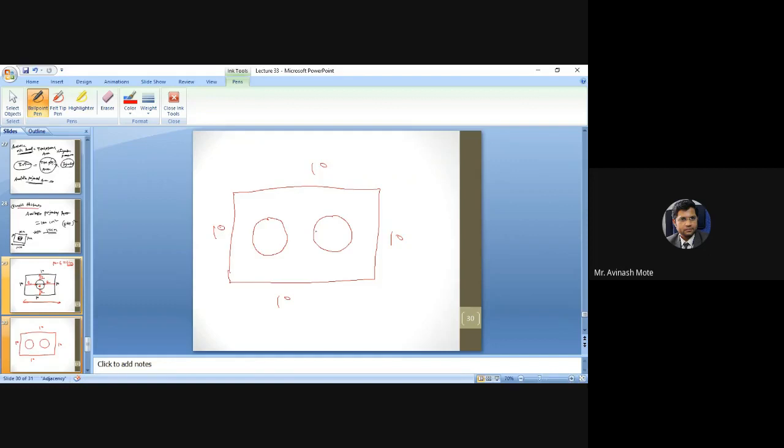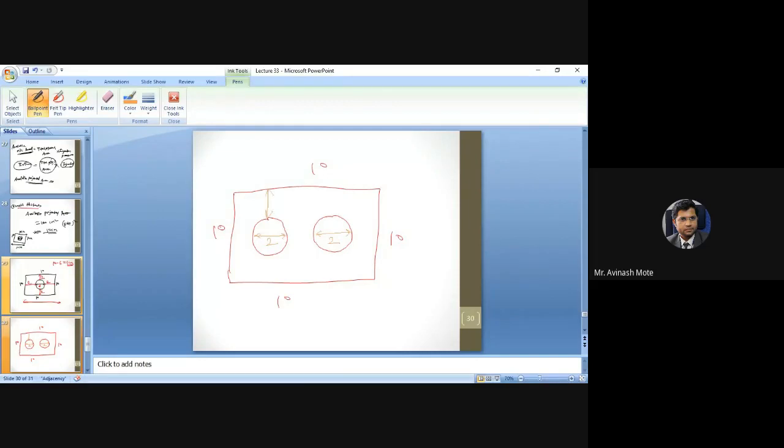So at that time, you know this diameter, and obviously the products must be the same. Suppose this diameter is 2. So how will you place it? You will place it equidistant, so obviously this distance will be the same.